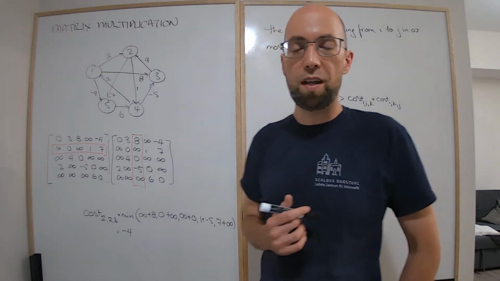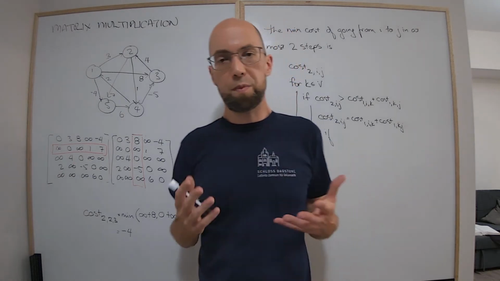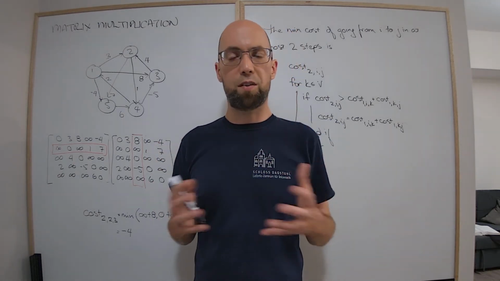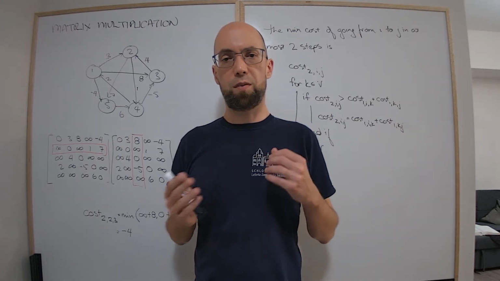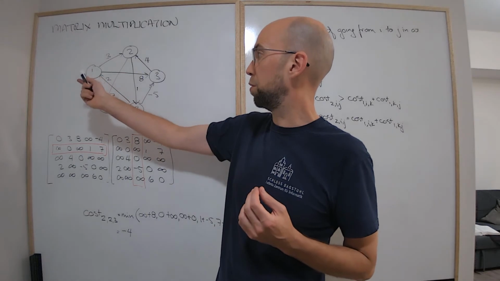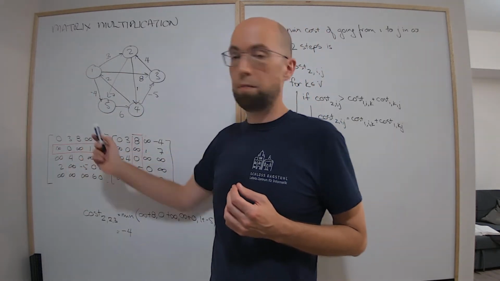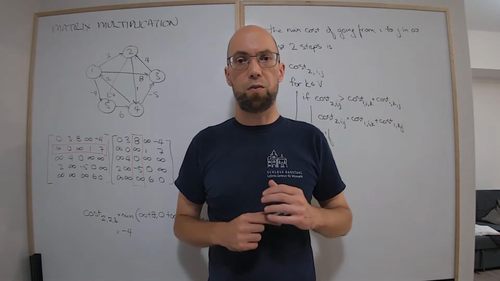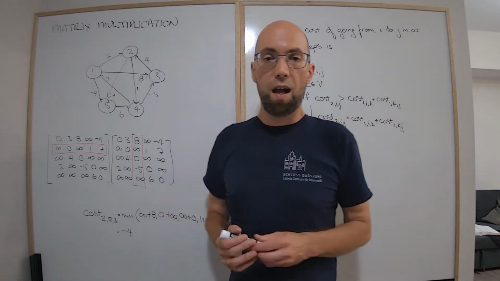So if you have the distance matrix for the cost of moving between vertices using at most one step, and you can't go, for example, between 1 and 4, the cost is infinite.